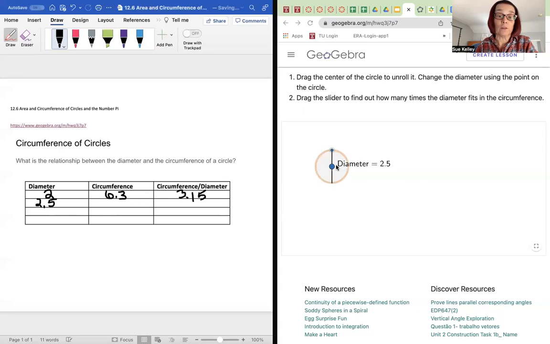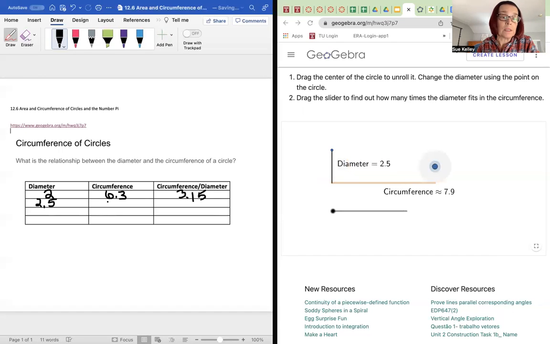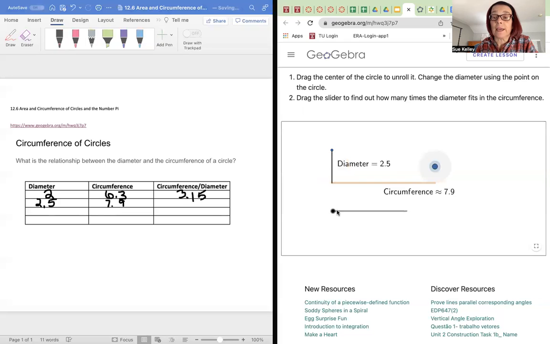And again, you can follow along with this. I'm going to unroll the circumference, and it tells me that the circumference is 7.9. If I drag out my diameters again, I can see I get 1, 2, 3, and a little bit again. So same relationship.